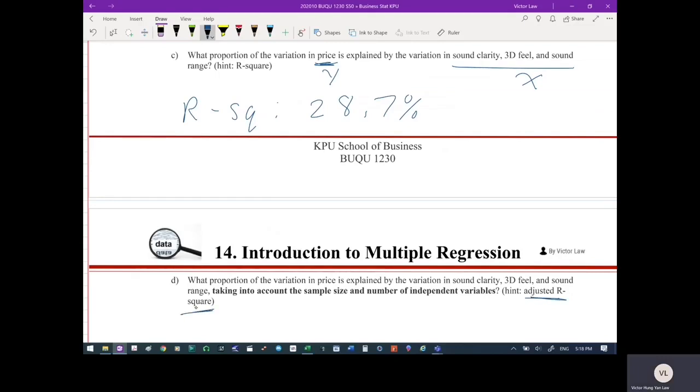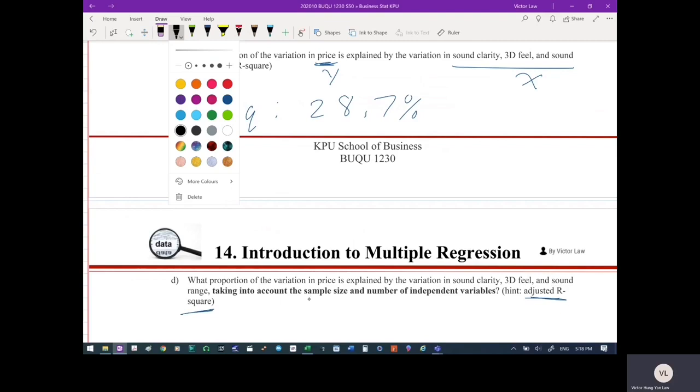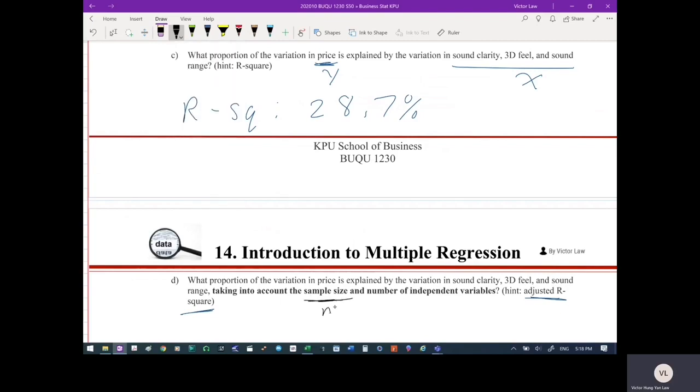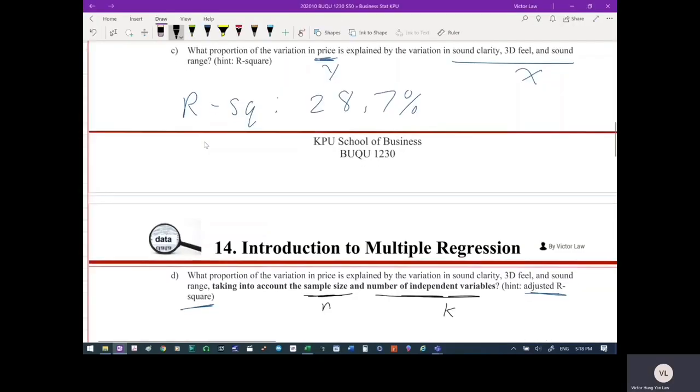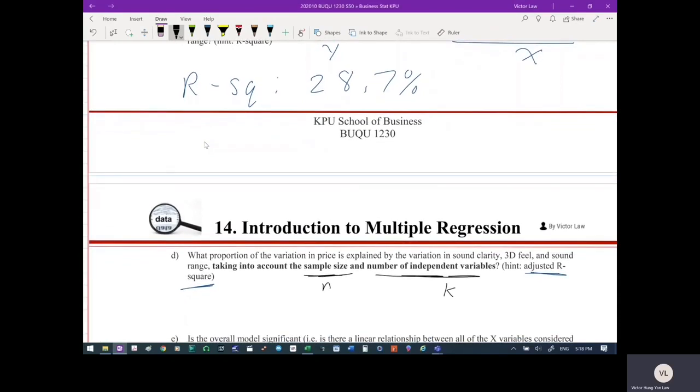This is just the definition of adjusted R square, and what it does is take into account the sample size, which is your N, and your K. So adjusted R square from the regression is basically your part D, which is 20.05%. Adjusted R square, 20.5%.